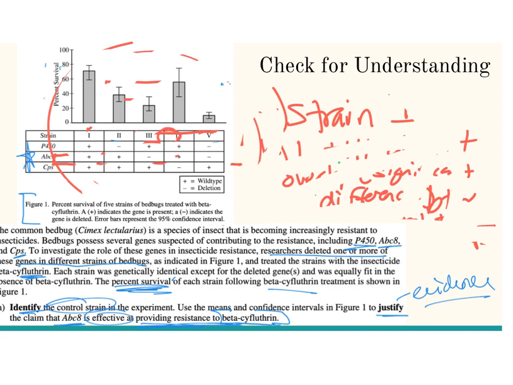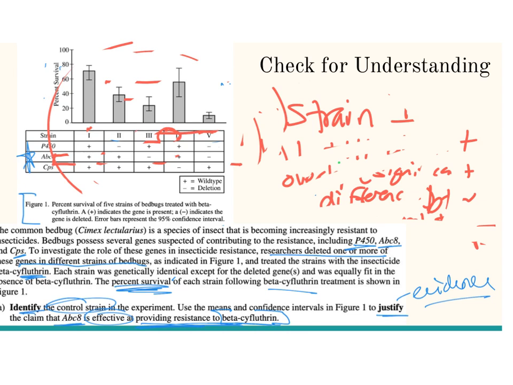Okay, so if you see here and here, okay, strain 1 and strain 3 do not overlap, which means there is a significant difference, right? Between the control and group 3, or where ABC is deleted, right? That's what group 3 is, strain 3.